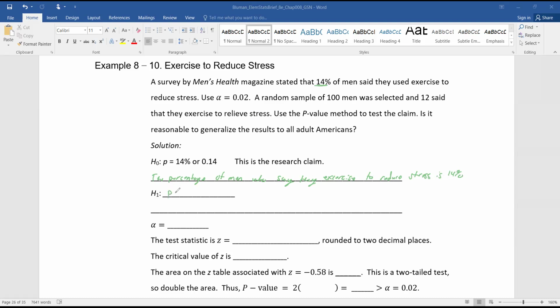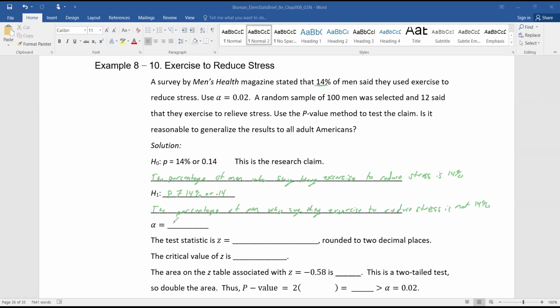Now, on this one, for the alternate hypothesis, we're basically just stating that it's not that. So in this case, P would not be equal to 14% or 0.14. Therefore, the alternate hypothesis here would be the percentage of men who say they exercise to reduce stress is not 14%.